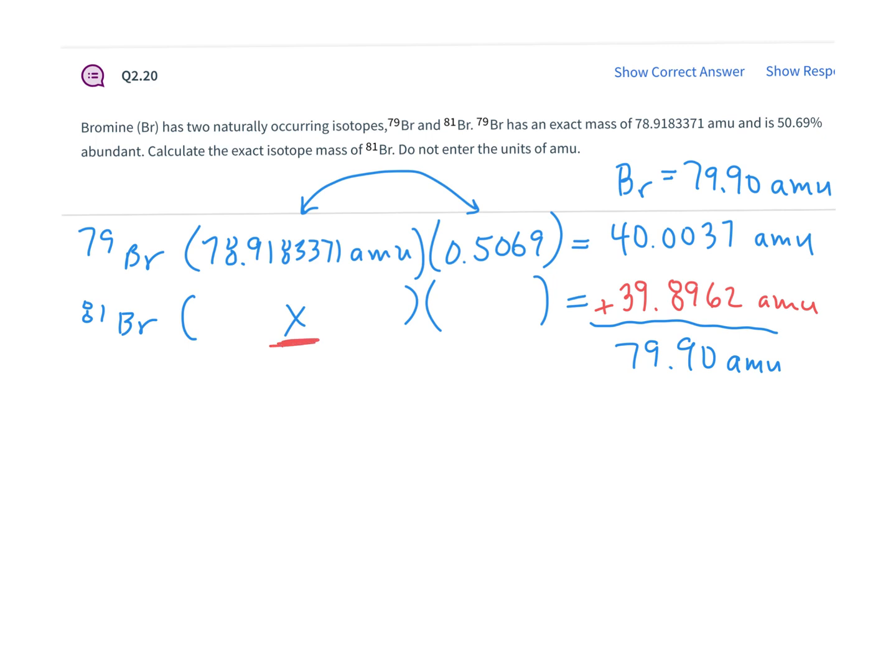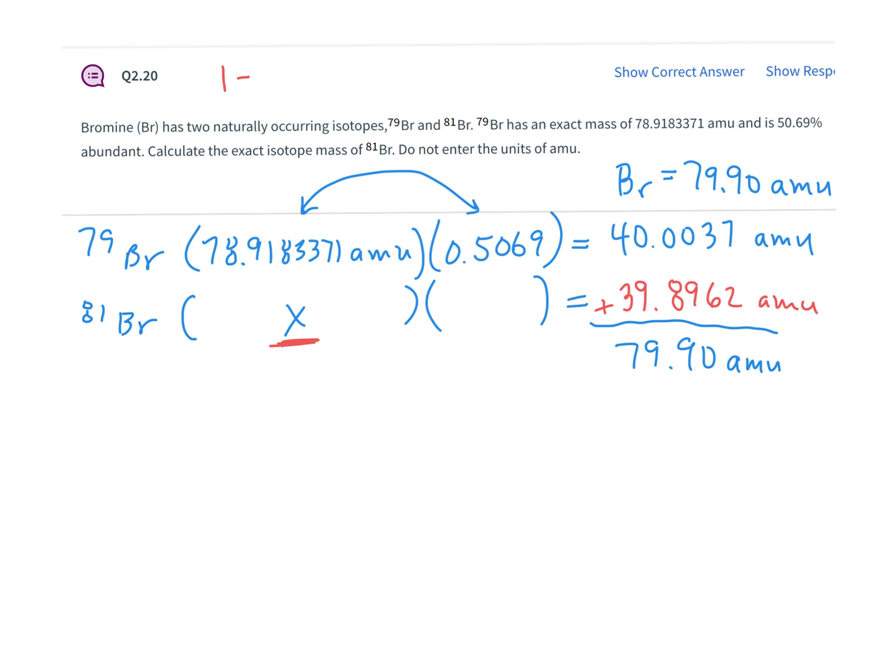The last step is to realize that bromine 79 and bromine 81, the sum of these two, is 100% of all the bromine. So if I have 50.69% here, that means the sum of these two needs to equal 1, because this is 100% of all the bromine between these two isotopes.